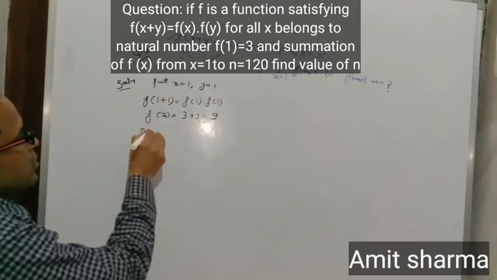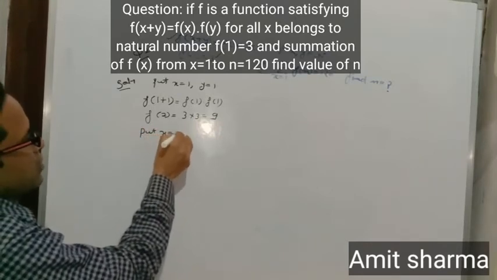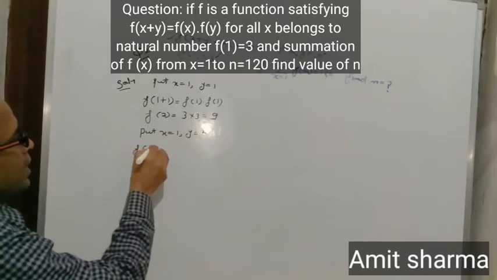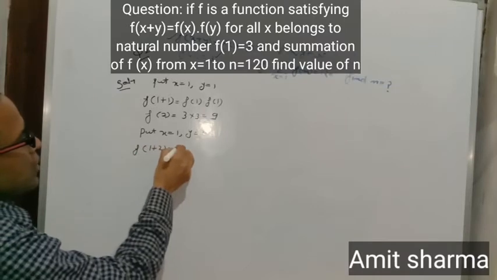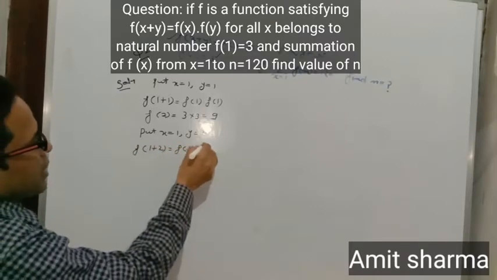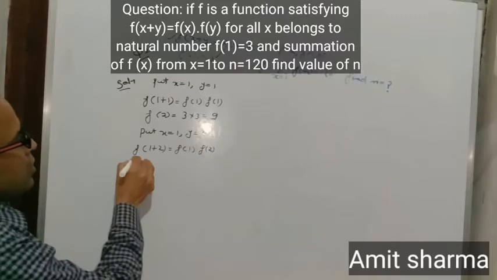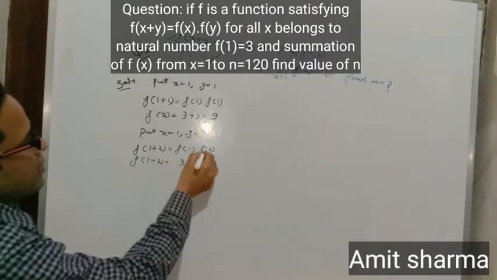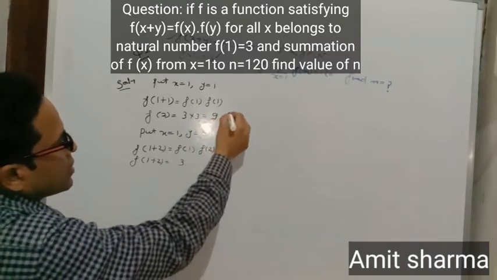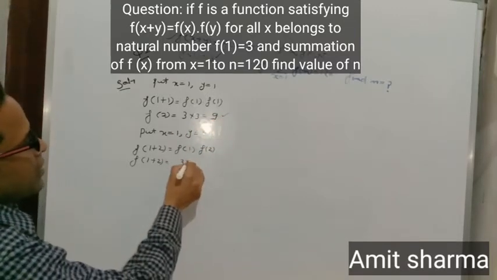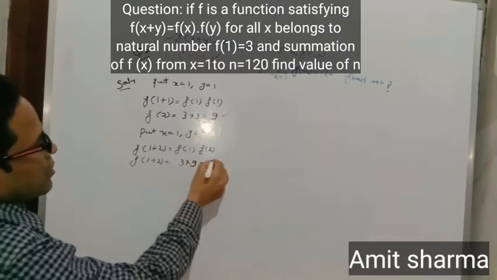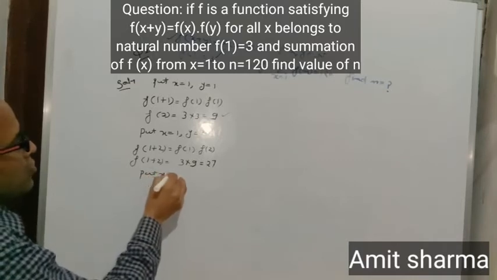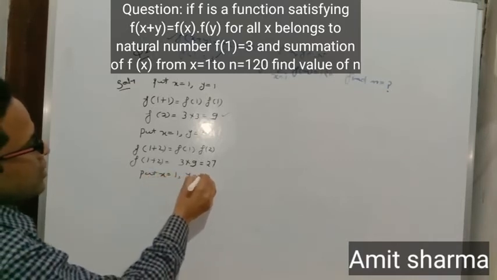Again put x equals 1 and y equals 2. Then you get f(1 plus 2) equals f(1) multiplied by f(2). The value of f(1) is given, that is 3, and the value of f(2) you found just now, that is 9. You get 27. Similarly put x equals 1, y equals 3.